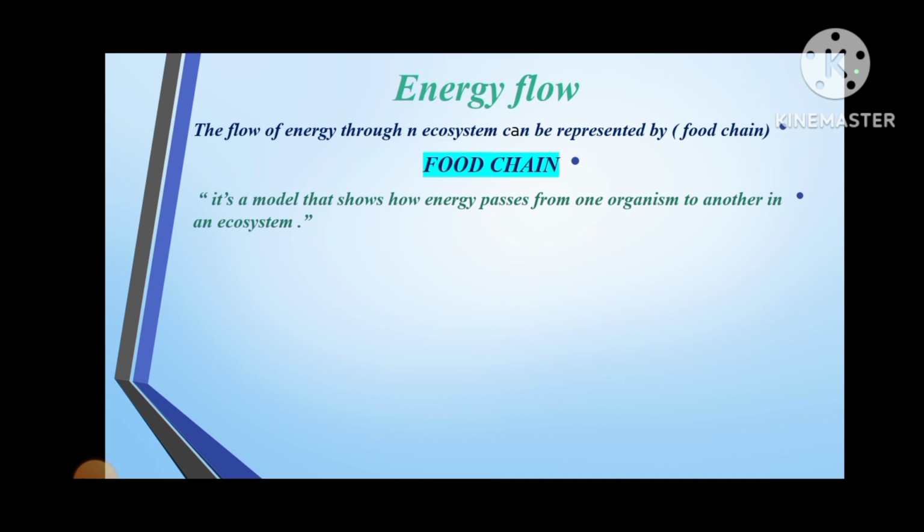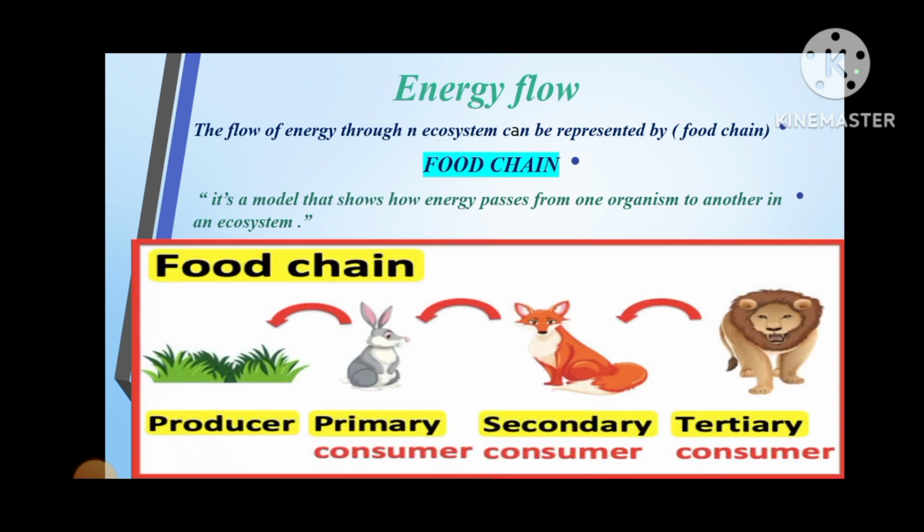The model that explains this flow is called a food chain. A food chain is a model that shows how energy passes from one organism to another in an ecosystem, like this model. The producer gets energy directly from the sun, and its energy passes to the primary consumer, then to the secondary, then to the tertiary consumer by eating.